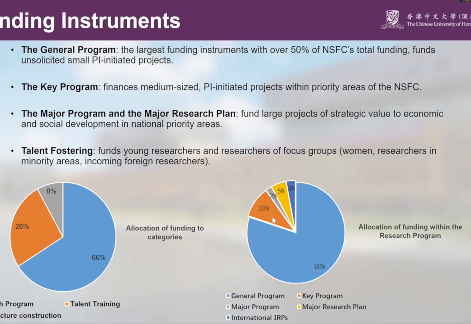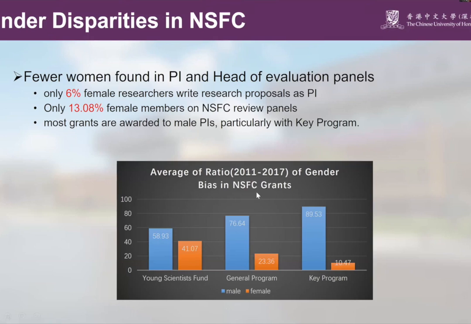So the general individual program gets the bulk of the research funding. There's a general coverage of researchers, and as I said, each year there's about a 20% success rate. A lot of people write proposals, and the success rate is around 20% these days. So that's the current breakdown of the funding ratio across different programs.